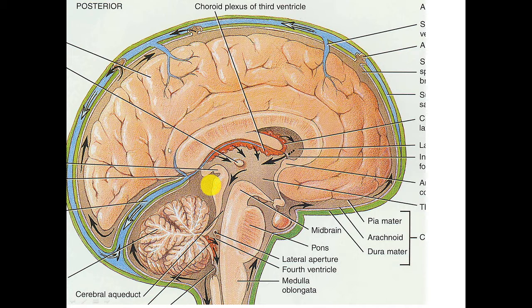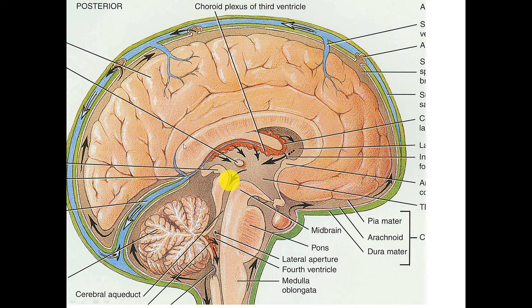That lumpy structure right there is called the corpora quadrigemina. And the two lumps are called colliculi. So you've got the superior colliculi on the top, and you have the inferior colliculi on the bottom. The corpora quadrigemina is going to be responsible for your visual and auditory reflexes.